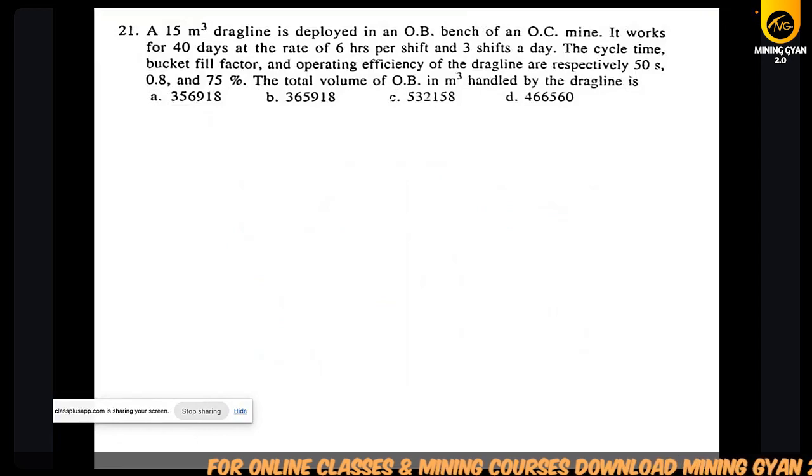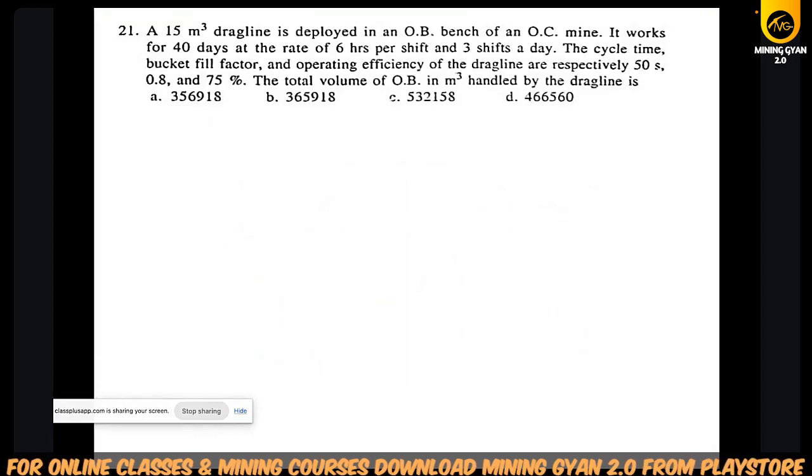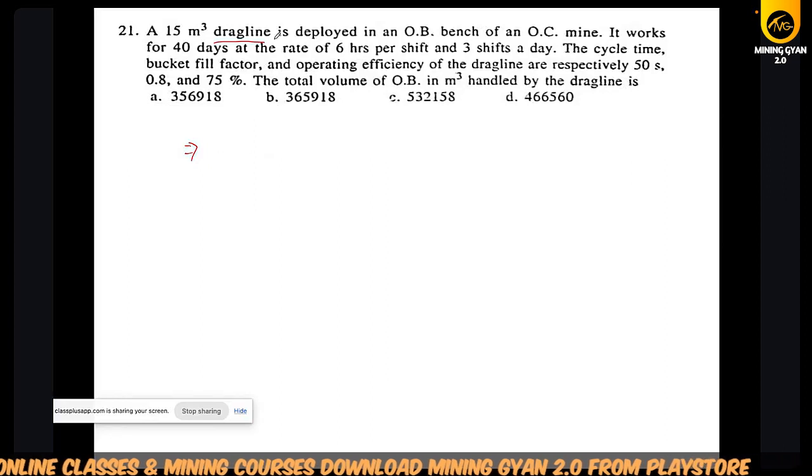In question 21, we have to discuss the drag line. We have seen videos related to the drag line. Tomorrow I will show you some more videos if I can transfer them from my mobile to laptop, then I will definitely show you the drag line working. Here they are saying that a 15 meter cube drag line is deployed in the OB benches of an open cast mine.